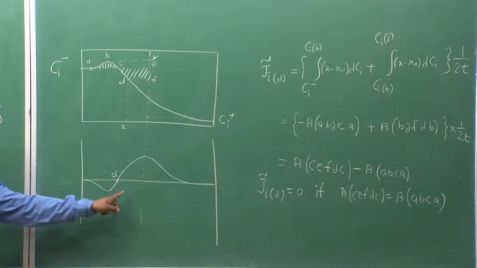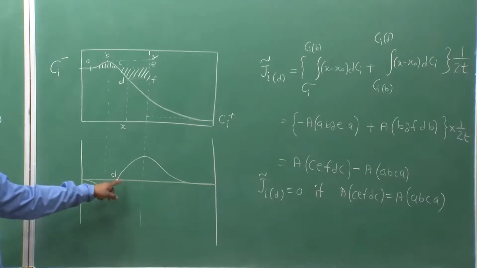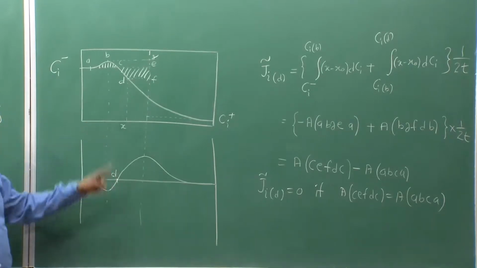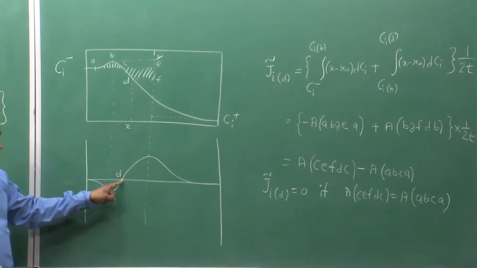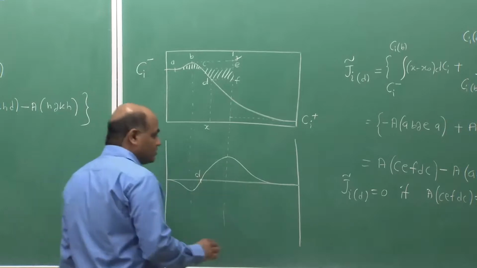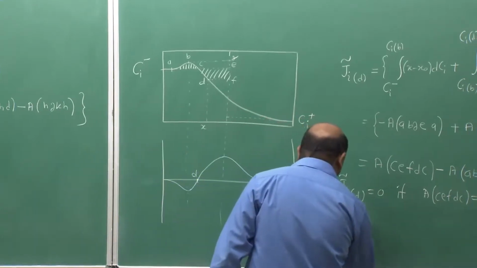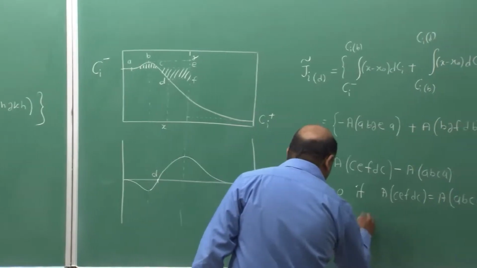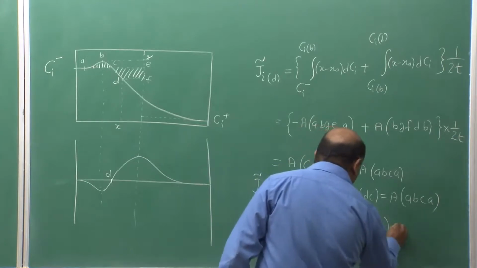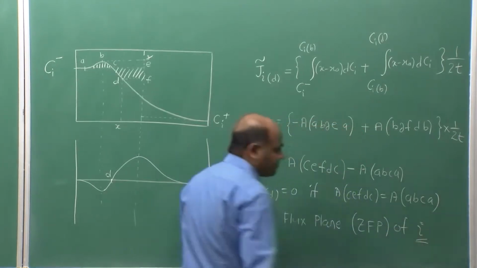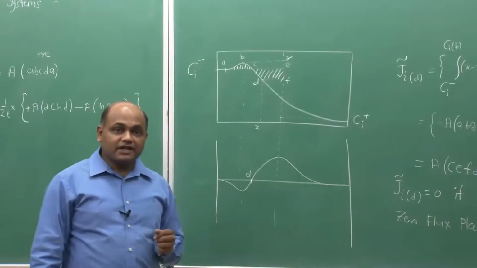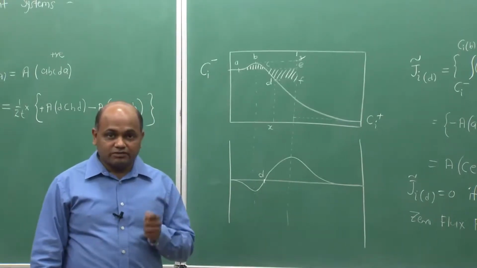And this is an interesting profile. It has a special feature in the interdiffusion flux profile. You can see in this particular case the flux is actually going to 0 within the diffusion zone, and this is called 0 flux plane for component I. And these ZFPs are special features because they indicate there exist strong diffusional interactions.